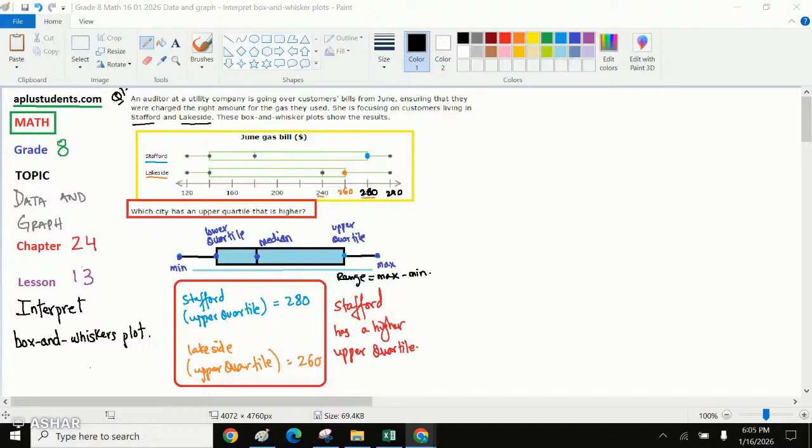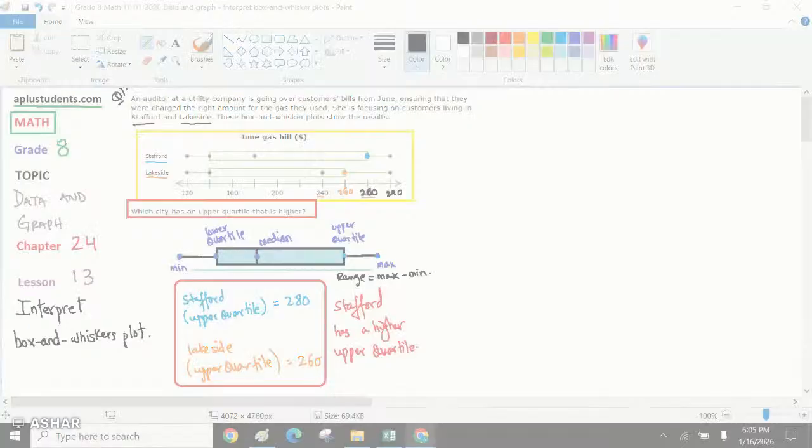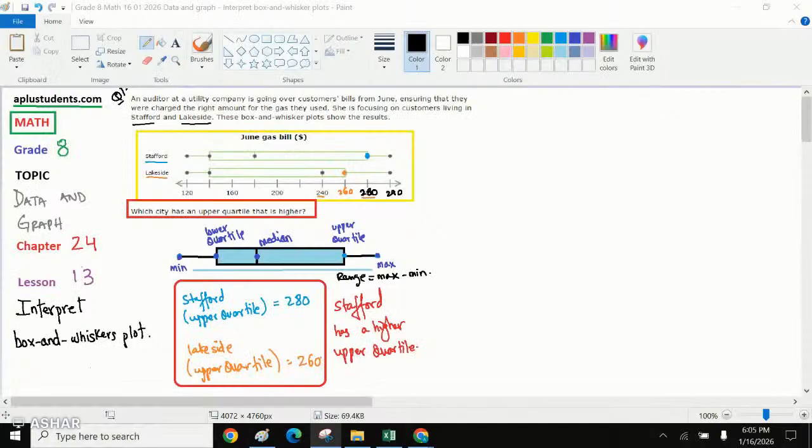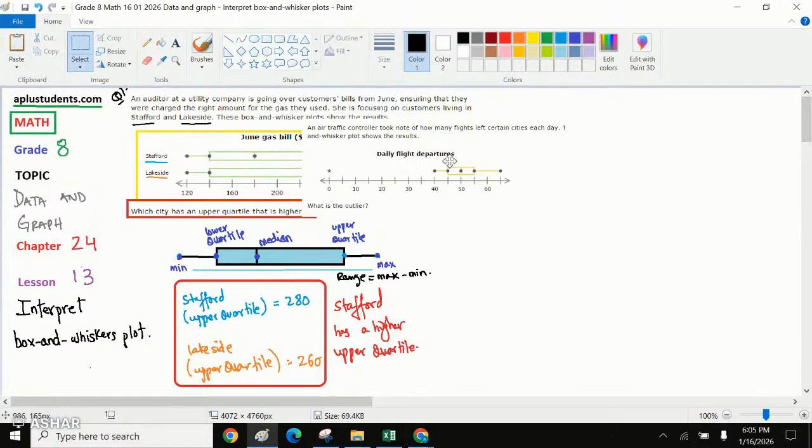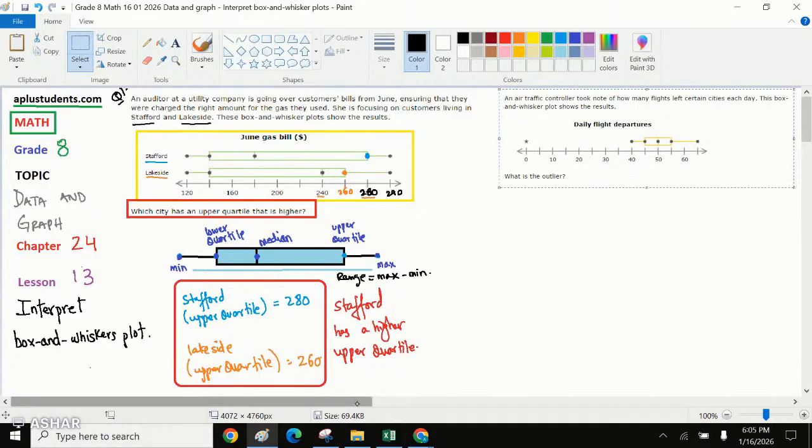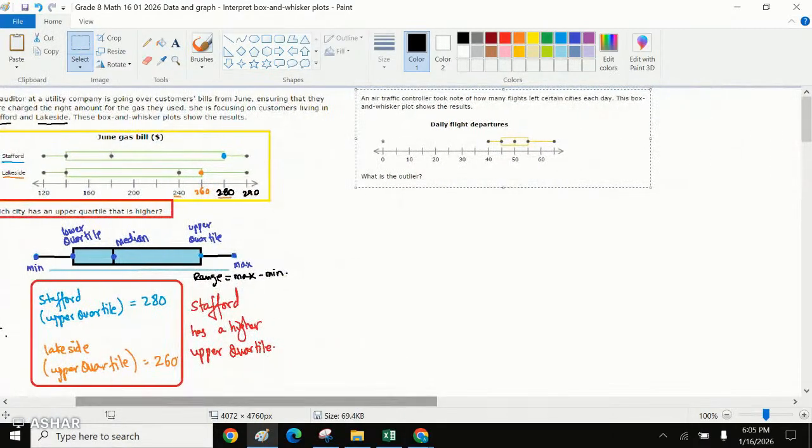Next question, I think it would be much easier for us now because we know what the quartiles represent. In question number 2, keeping this in mind, I'll just copy this for our reference.